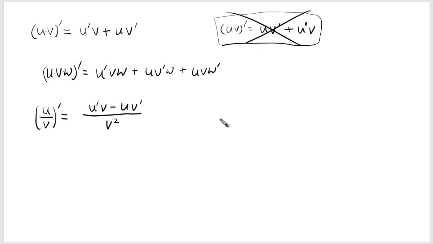On the other hand, there are like four different ways people would write this quotient rule. I just can't keep count. Like some people write v times u prime minus u v prime, or they might have v prime u here over v squared.